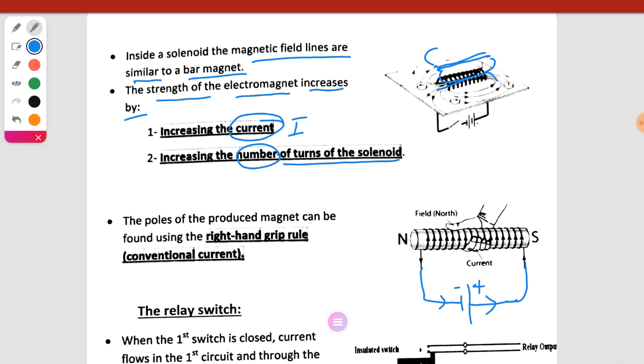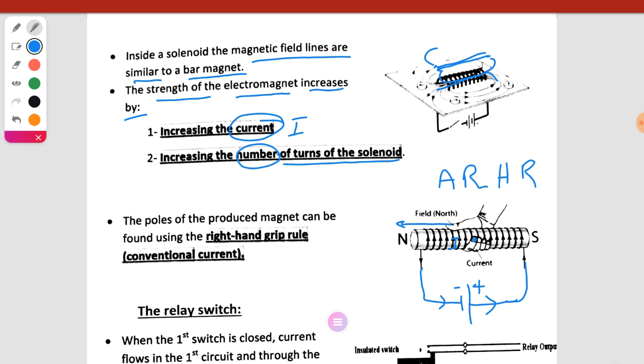This rule is called Ampere's right hand rule. If the fingers of the right hand point in the direction of the current, I, the thumb will point to the direction of the north pole of the magnet.